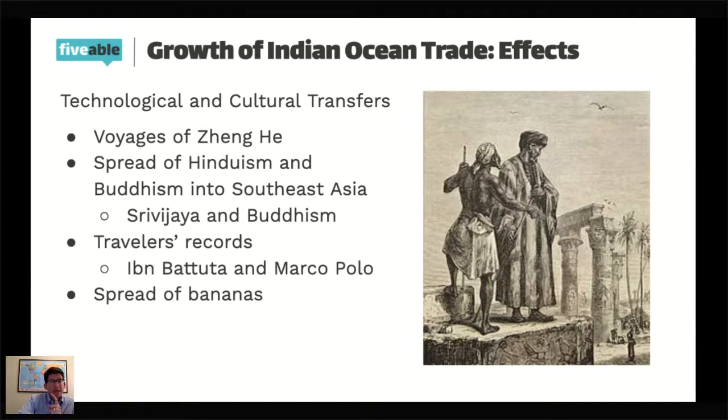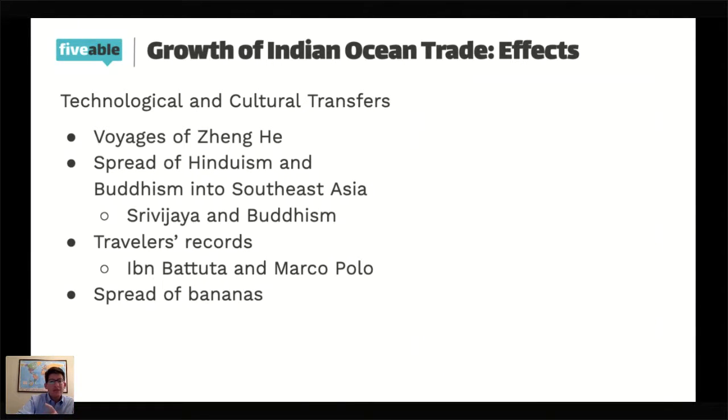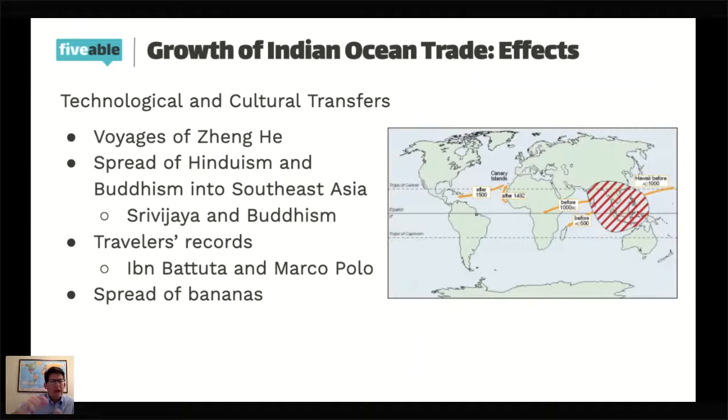But beyond that, technological cultural transfers, and then here is more of an environmental or an agricultural transfer, and that is the spread of bananas, which is something I think students always get a kick out of. Bananas spread throughout the Indian Ocean basin through trade.